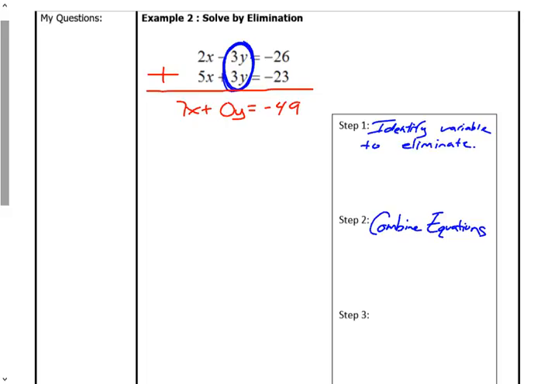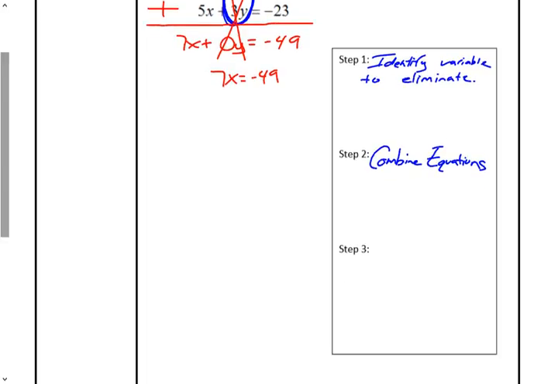Now, that's elimination. They combined, and the whole point is that these eliminated. And I'm left with a simple equation. And the last part of step 2 is combine equations and solve.